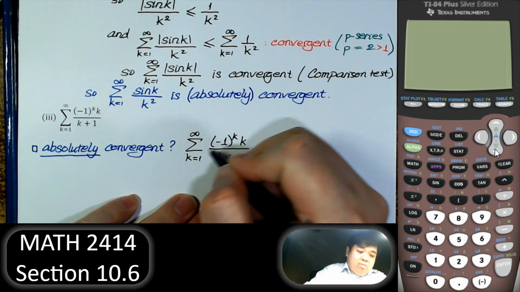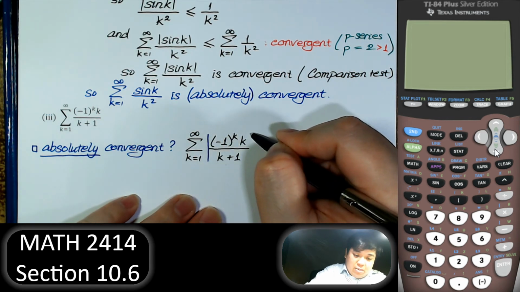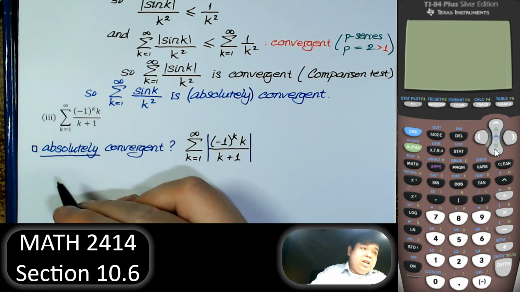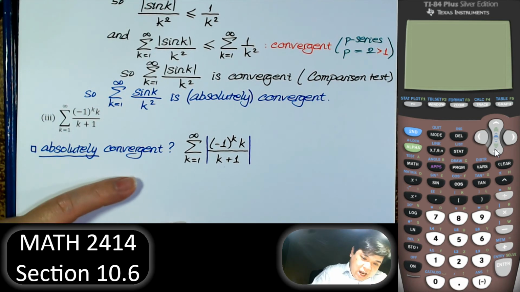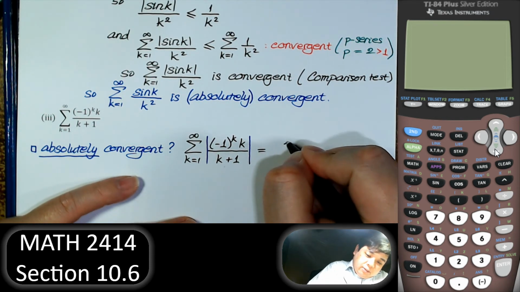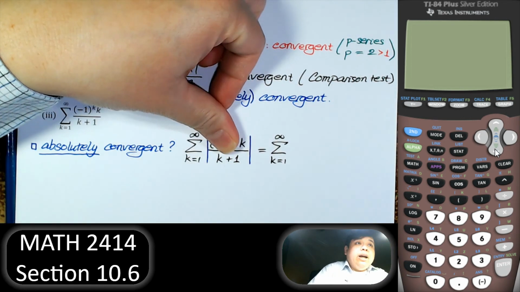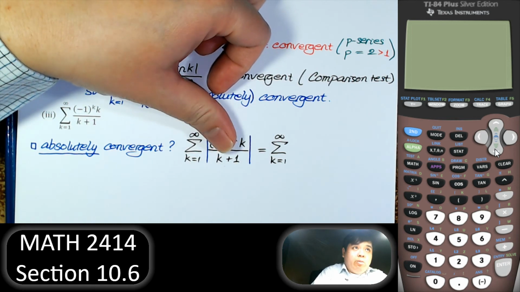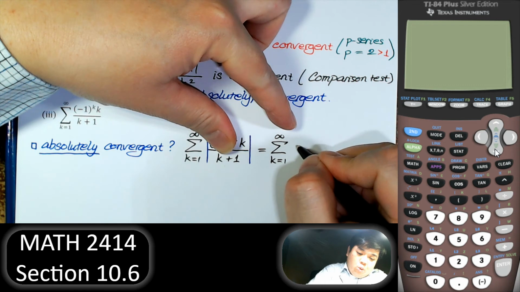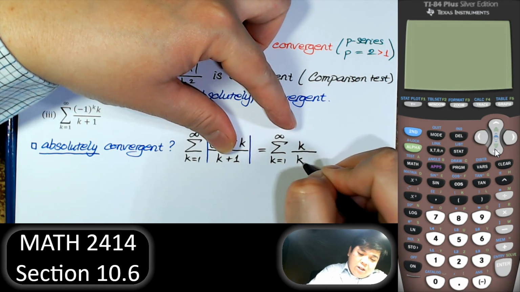As long as the sign is changing, it is an alternating series. But like I said, it doesn't matter at all. Is this one absolutely convergent? Throw in the absolute values and see what happens. When we throw in the absolute values, that term is irrelevant because it doesn't matter if it is negative 1 or 1. With absolute values, we turn it to 1. So we just have k over k plus 1.